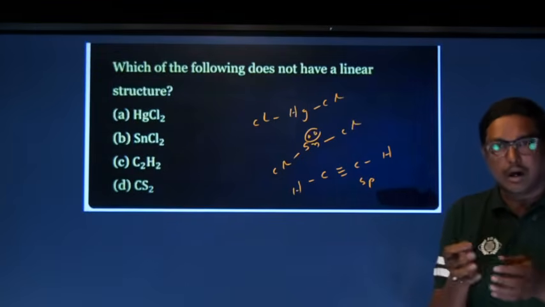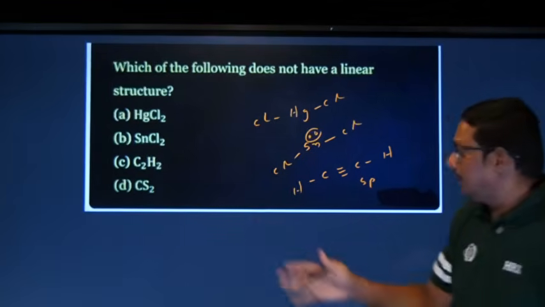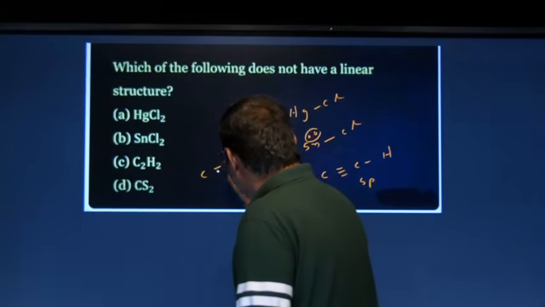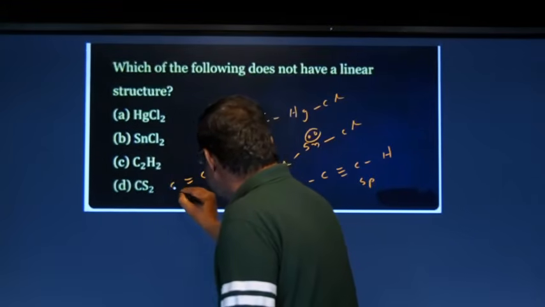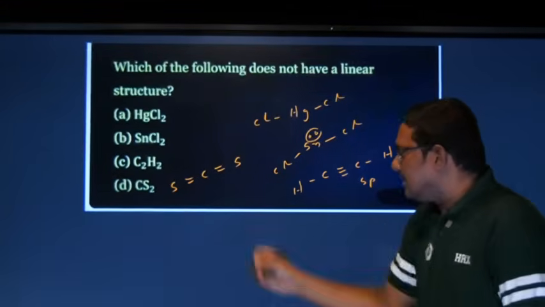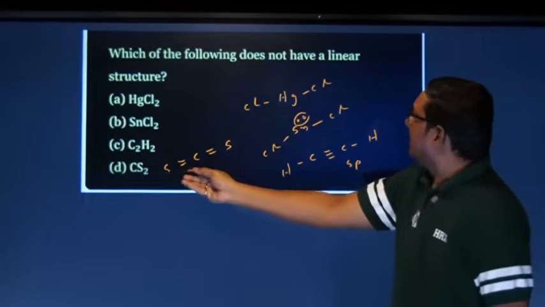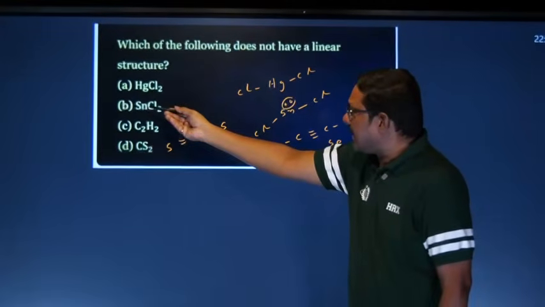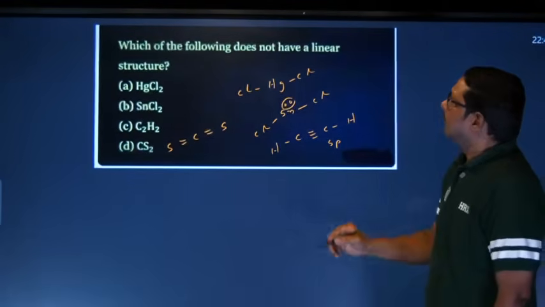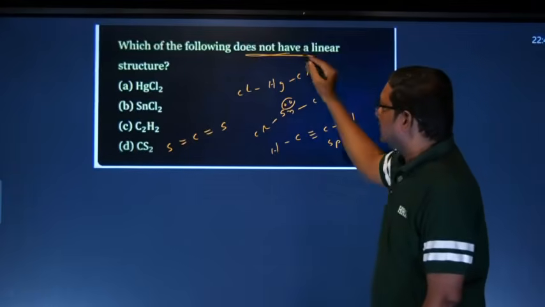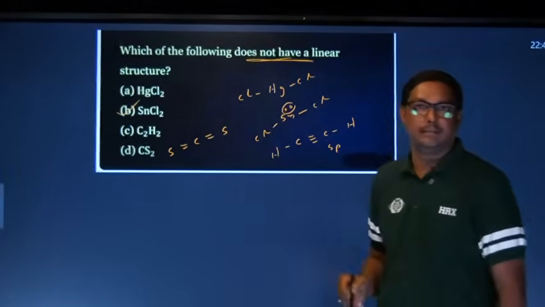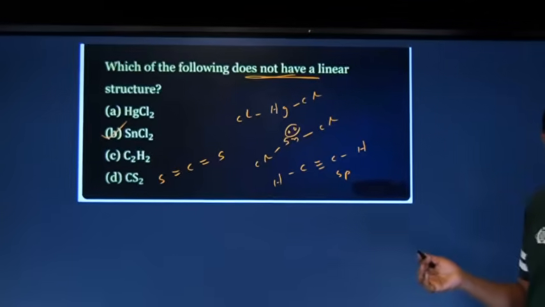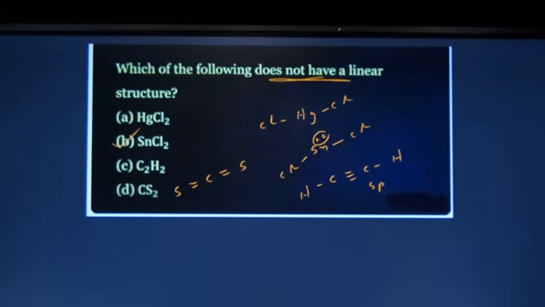The dipole moment of carbon disulfide is 0. That means if you see C double bond S, again it is a linear molecule. This is linear and this is linear. This is angular. You can go with it, as not linear is asked. So that means the right option should be option B. Right? So next question.